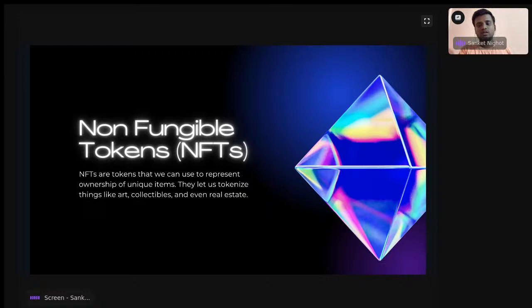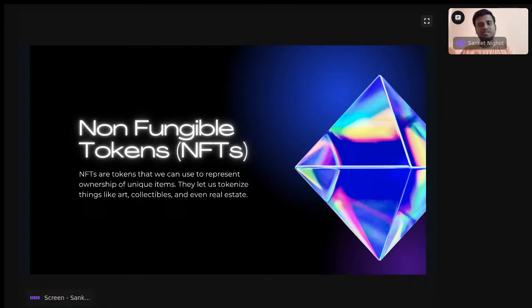So the benefits are the value underneath the tokens. We are going to see 4 or 5 NFT projects today, which are very successful, how they work, what benefits they provide, and why they are so big.